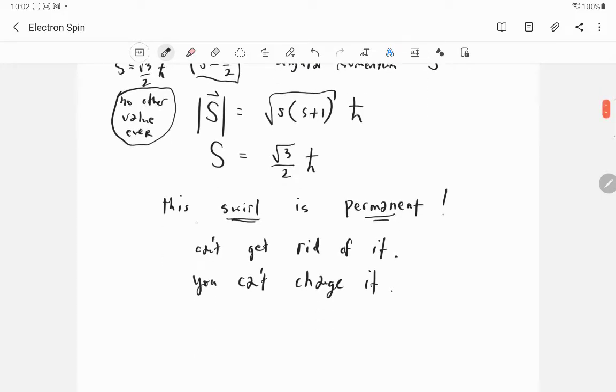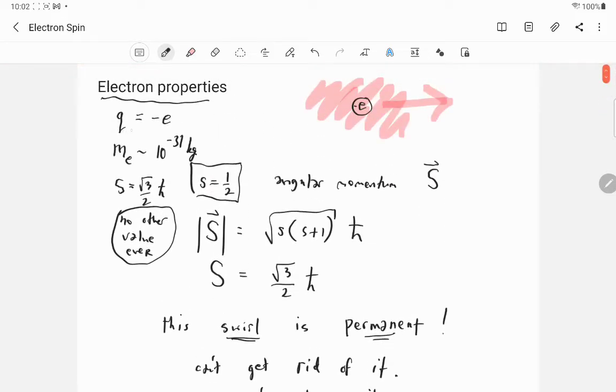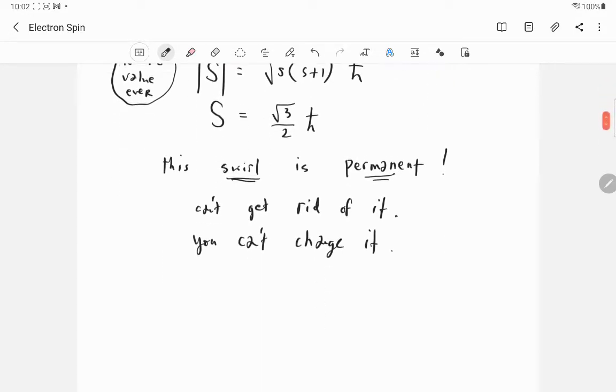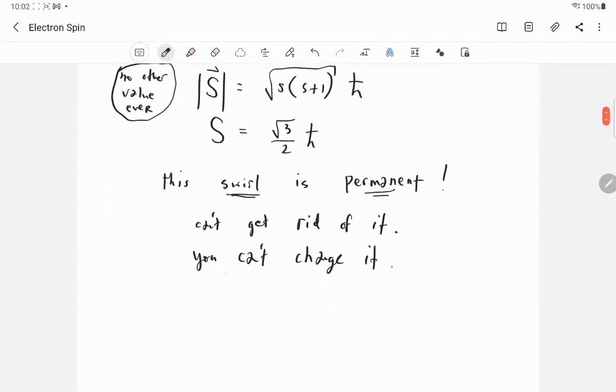It's just like whenever you talk about an electron, you cannot change the charge. And when you talk about an electron, you cannot change the rest mass. Those are fixed values. It's a fixed electron property. So this is very strange. It's extremely quantum mechanical.